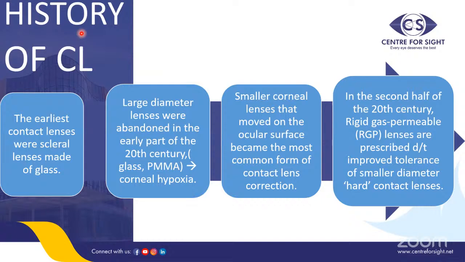So by the early part of the 20th century, these lenses were abandoned, and PMMA and glass both were abandoned. However, there was a problem with corneal hypoxia that kept increasing for such people. So the smaller corneal lenses were incorporated, which settled on the ocular surface, and they became more commonly accepted as a contact lens correction form.